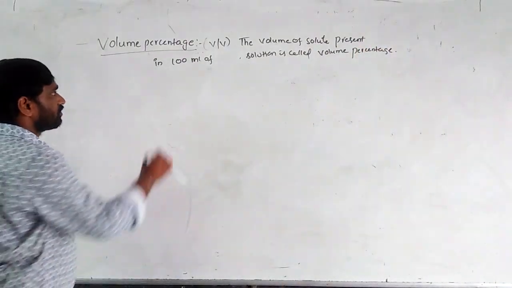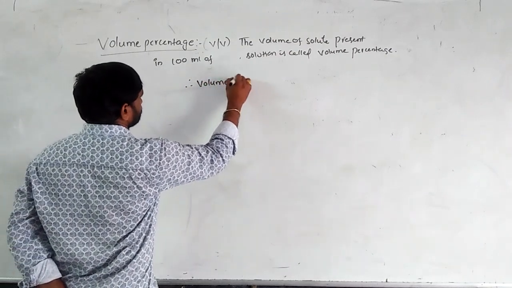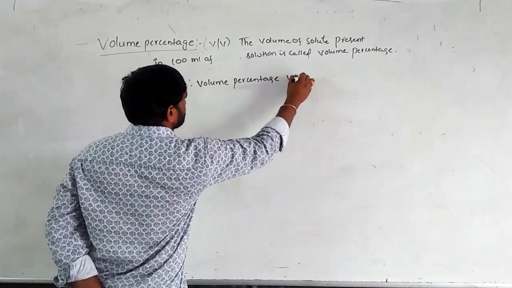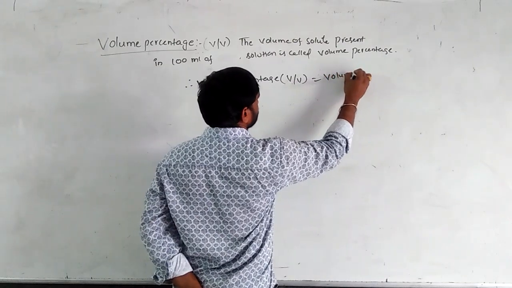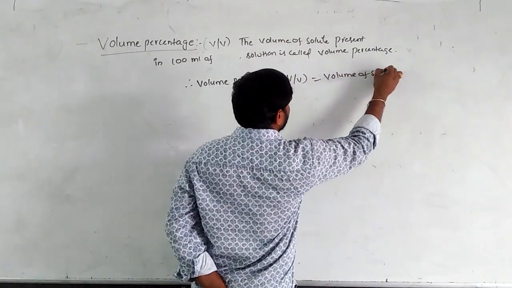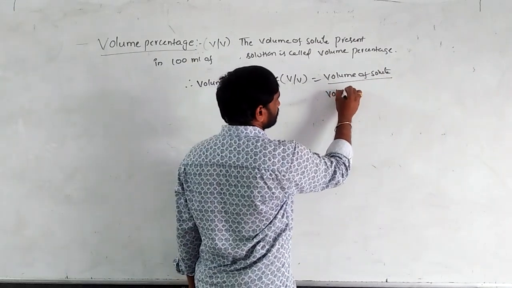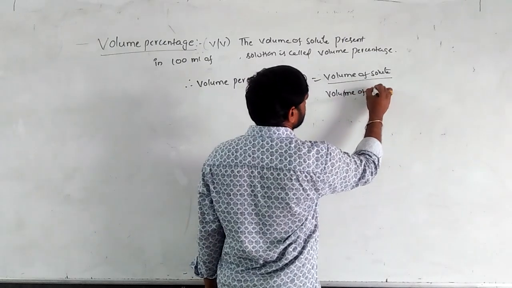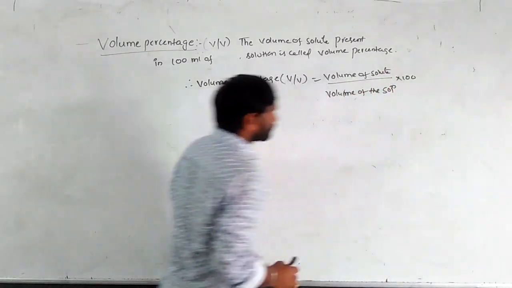So therefore, volume percentage is equal to the volume of solute by the volume of the solution into 100.